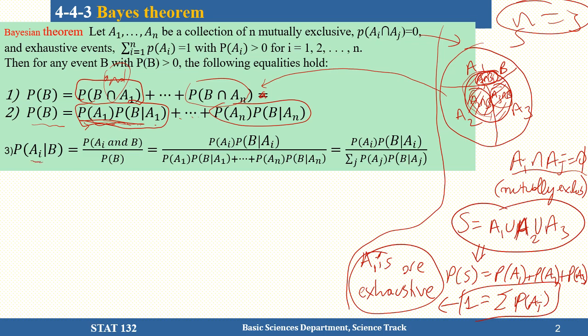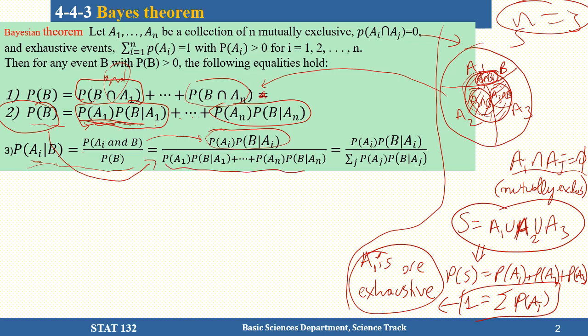Now, we can also write for any event Ai, the probability of Ai given B, using the conditional probability formula, as the probability of Ai and B divided by the probability of B. We can write the numerator using the multiplication rule, and from the previous equation, you can also substitute this formula here, and you get a huge formula.